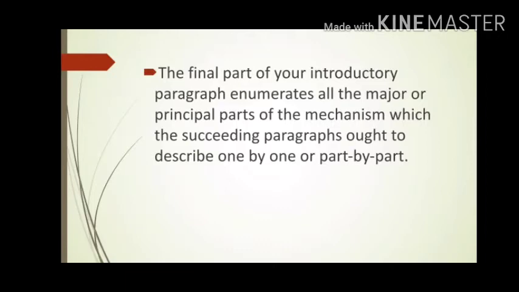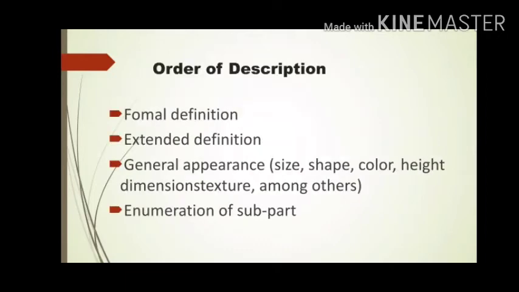The first one should be the formal definition or your one-sentence definition, followed by extended or expanded definition like etymology and its history. The third one is the general appearance, by describing its shape, color, height, dimension, and texture. And the last one must be the enumeration of subparts.